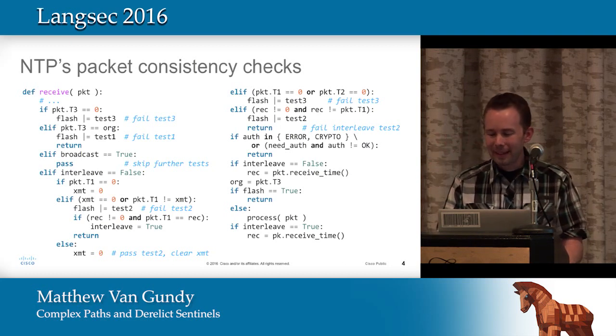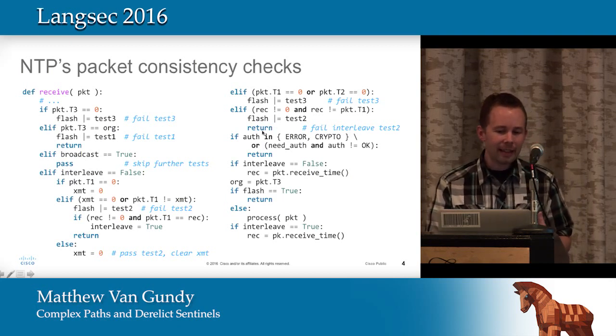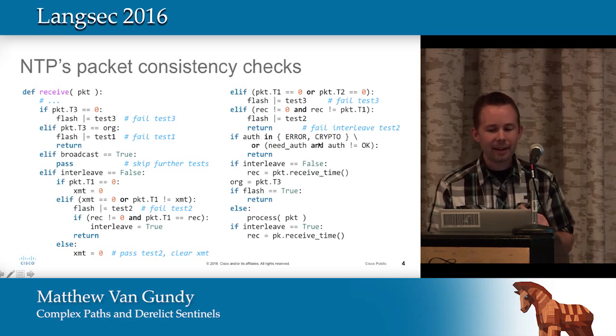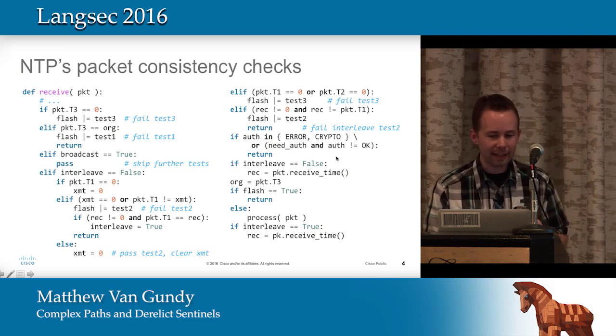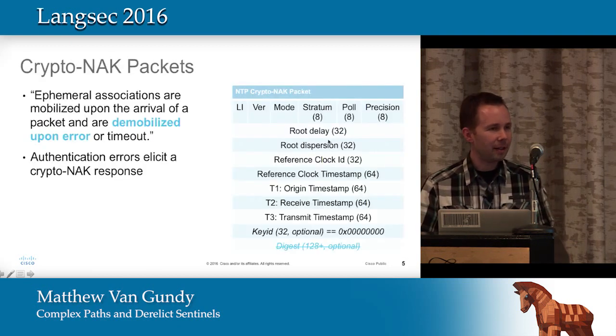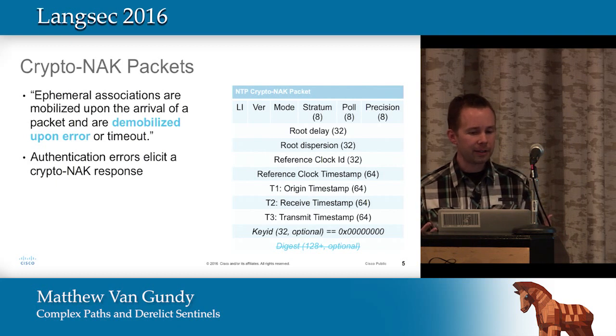Sure. So if you notice here, an interesting decision to me is that they have this curious value of the authentication variable, crypto. This actually comes from the RFC in a sense. It says ephemeral associations are mobilized upon the arrival of a packet and are demobilized upon error or timeout.